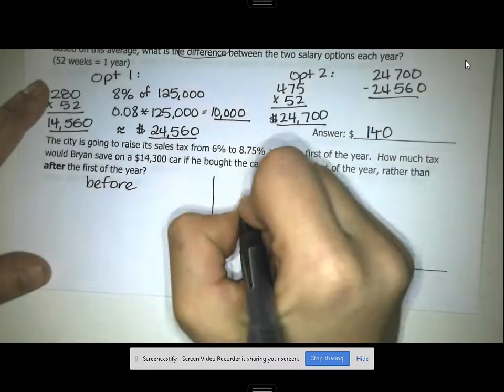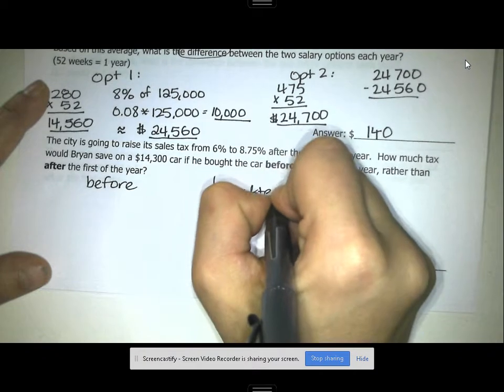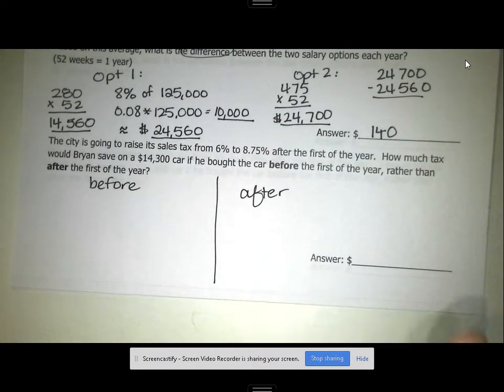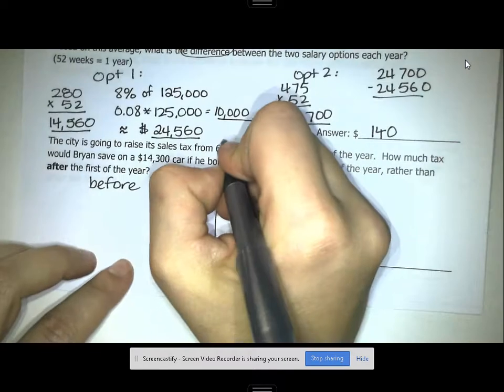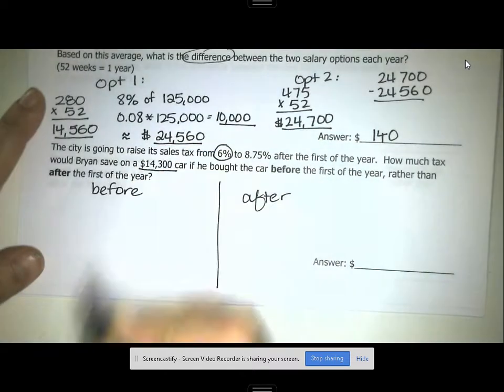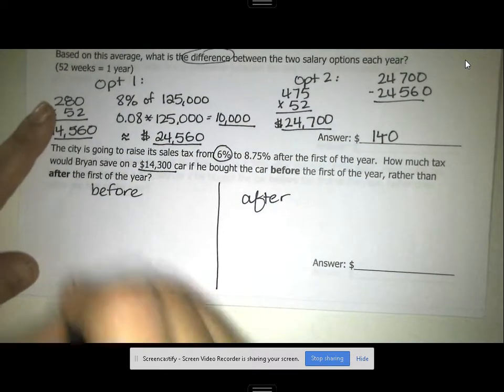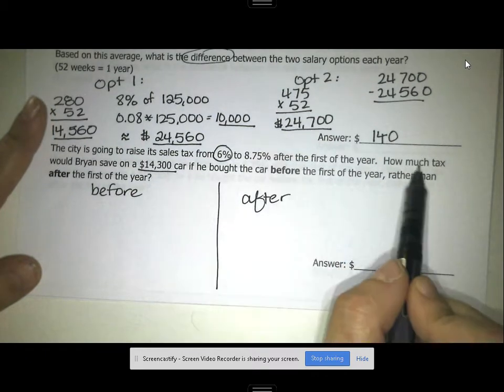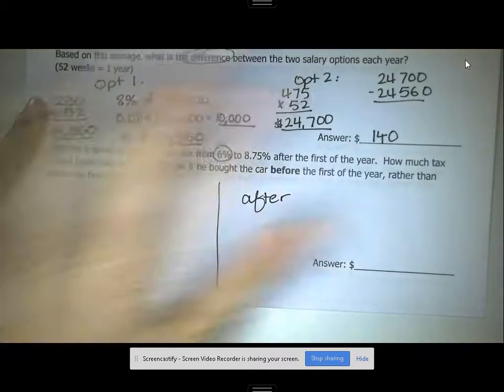Let's find out how much tax he would pay if he bought it after the first of the year, and then let's see how much more he would pay here. So originally tax was 6%. So if he bought a car that was $14,300 and he had to pay 6% tax, then how much tax would he save? Okay, so I'm just calculating tax here.